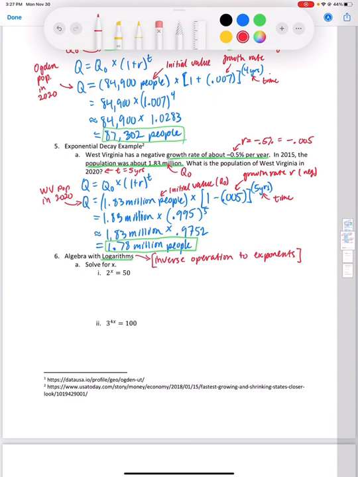2 to the x is 50. Now I need to get x by itself, but x is being used as an exponent. So if I take my exponent and I find the logarithm of it, then I will be able to get x by itself in this fashion.